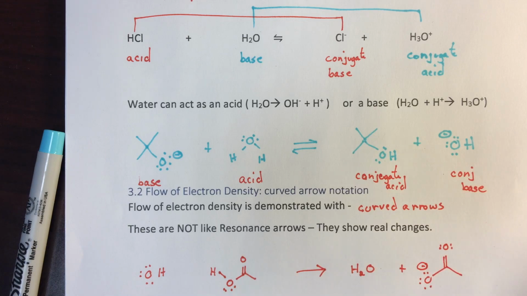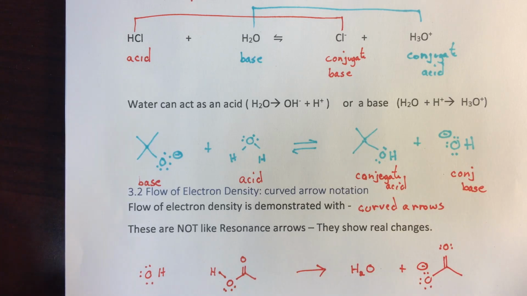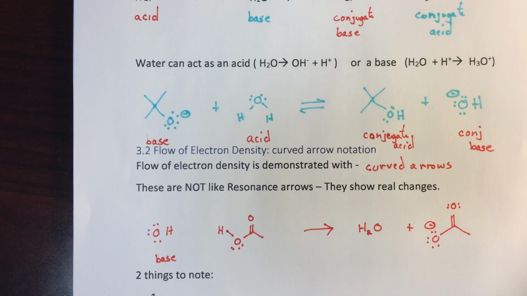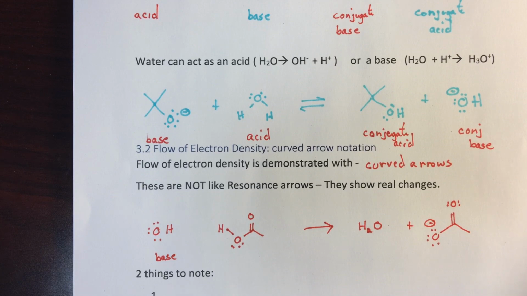Okay, so let's put in some arrows. Our arrows are always going to begin on an electron source. So they'll either begin on the lone pairs or they'll begin on a bond. So they have to begin on electrons.